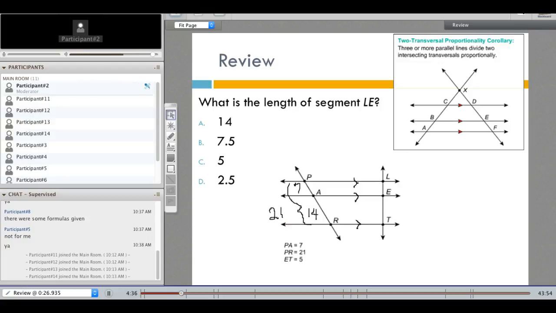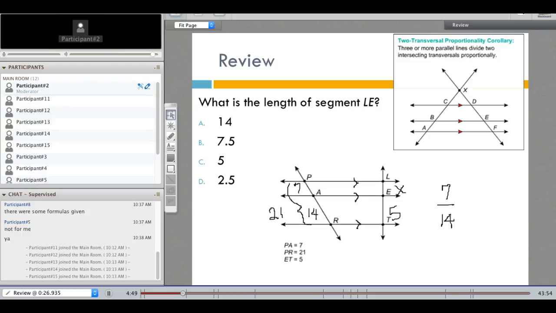Okay? And then PR, so we have PR, ET is 5. We want to know what the segment LE is, so we'll put an X there. So you could set up the proportion like this. 7 over 14 equals X over 5. Cross multiply and solve. Okay, and D is the correct answer on that one.